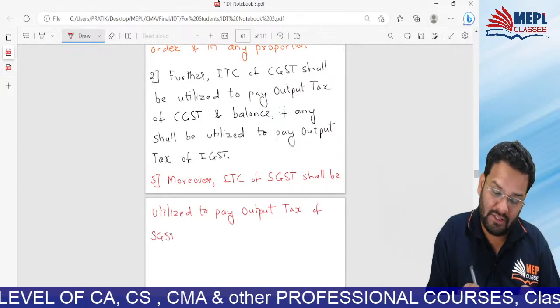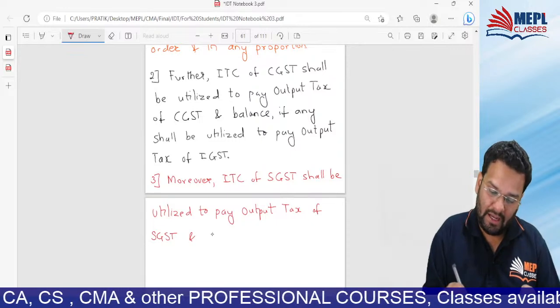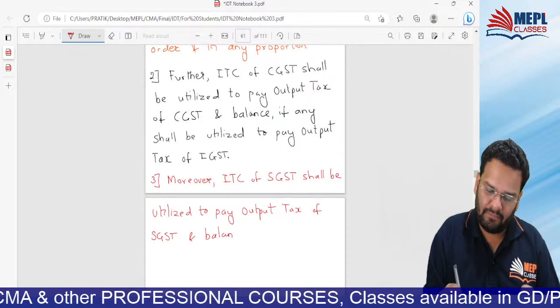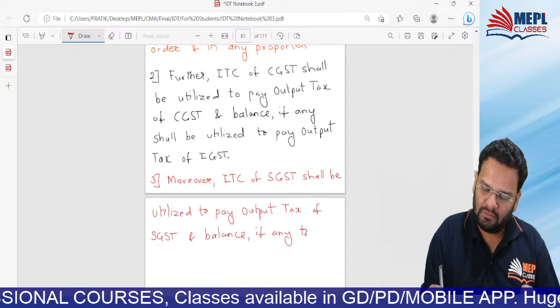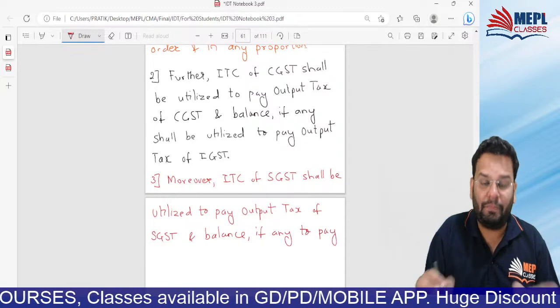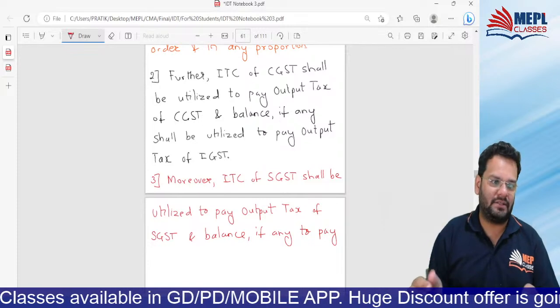And balance, if any, to pay output tax of IGST.